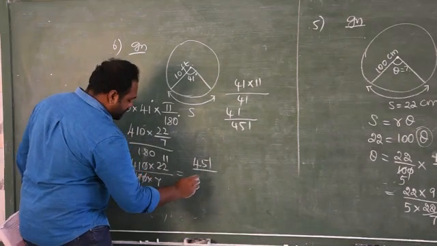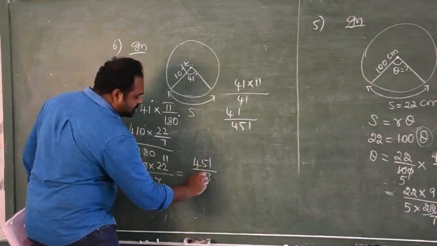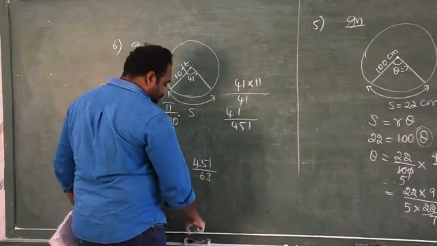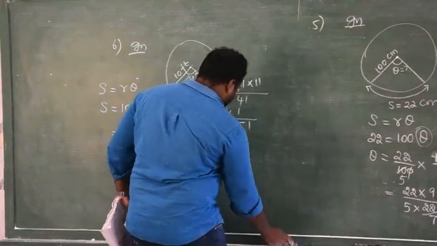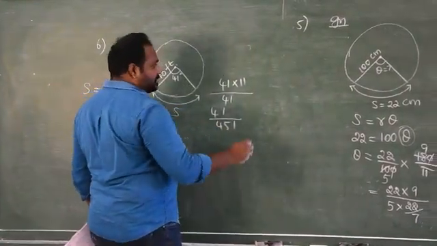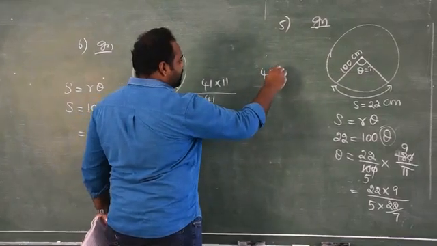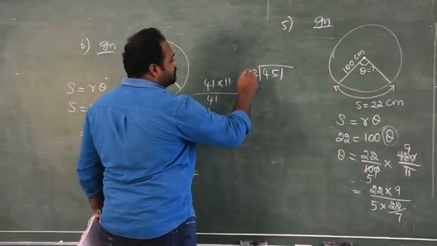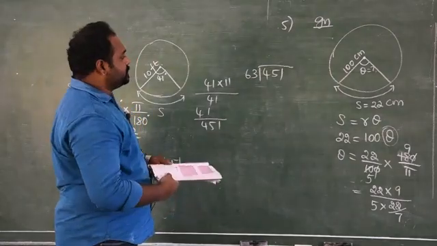451 divided by 63. So we can divide to get the value 451 divided by 63. How many times?